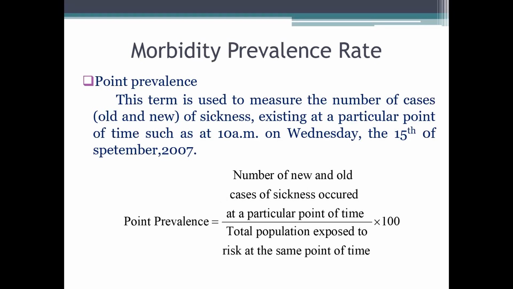Next, morbidity prevalence rate for point prevalence. For point prevalence, the number of new and old cases of sickness occurring at a particular point in time is divided by the total population exposed to risk at the same point in time, multiplied by 100. This is the formula for point prevalence.